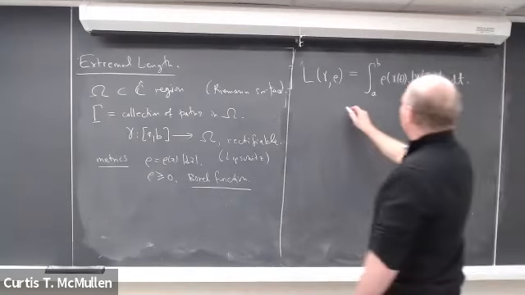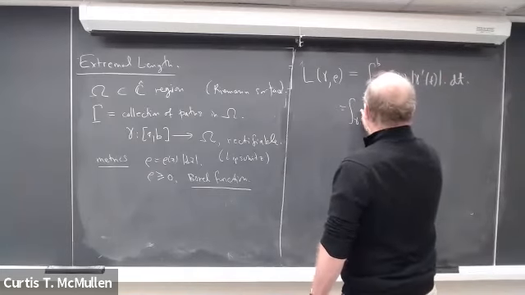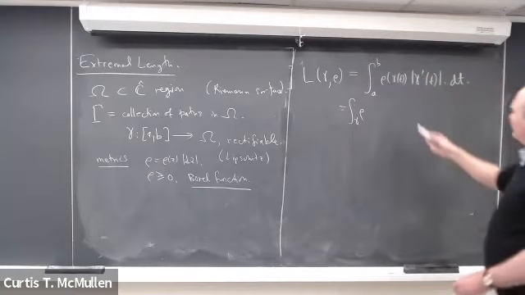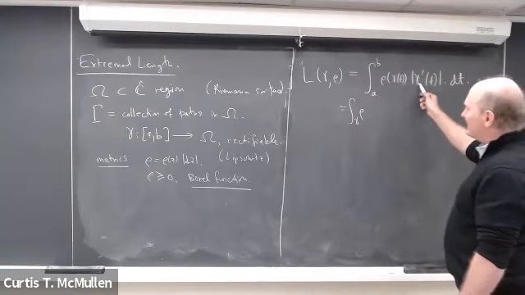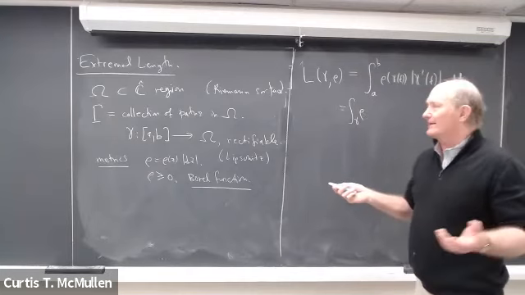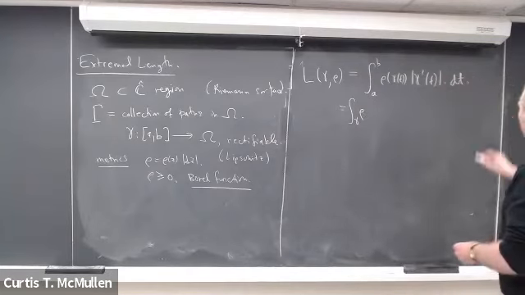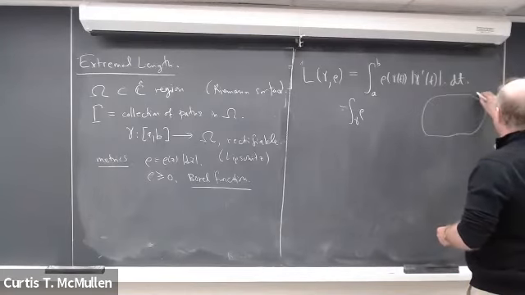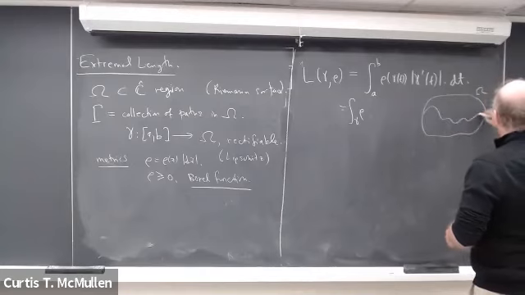But we usually just abbreviate that by saying you integrate rho along gamma. If gamma were an embedded path and rho were a smooth metric, this would just be the ordinary Riemannian length of gamma. So the idea in this theory is that in our region omega, we have many paths gamma.